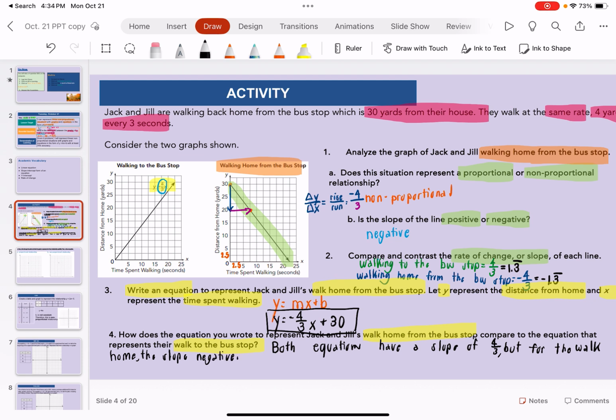And next, because walking to the bus stop was a proportional relationship, it went through the origin, right? But walking home from the bus stop had a b or a y-intercept. So then I'm going to write walking to the bus stop was a proportional relationship.